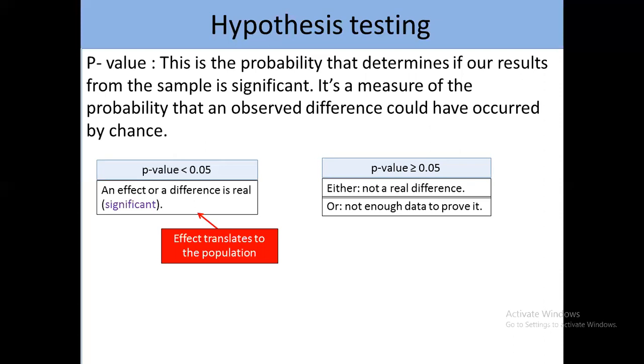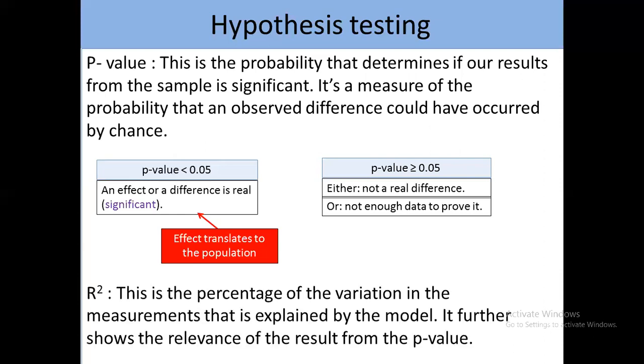It's just like working with the whole population, where anything we get is the final thing. But it is not possible to cover the whole population, so we work with a sample. If we analyze our sample and get a p-value greater than 0.05, either we do not have a real difference or we do not have enough data to prove it. Okay.